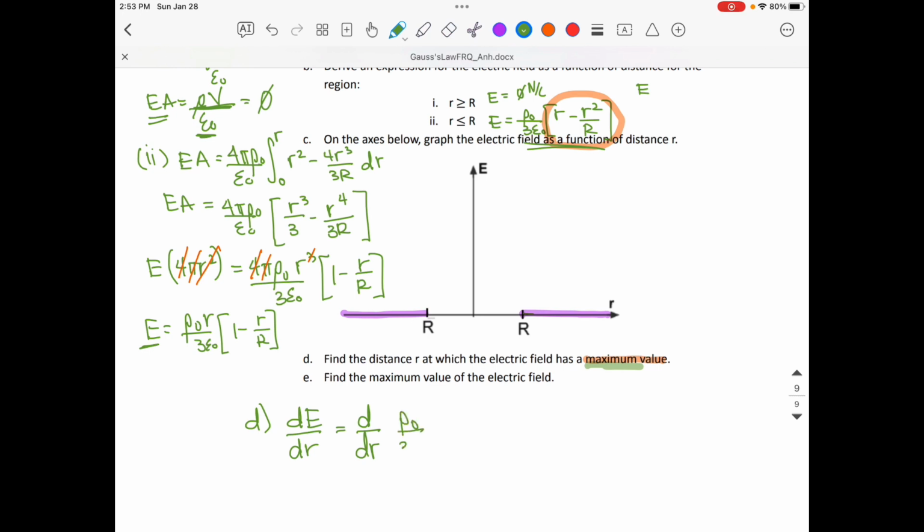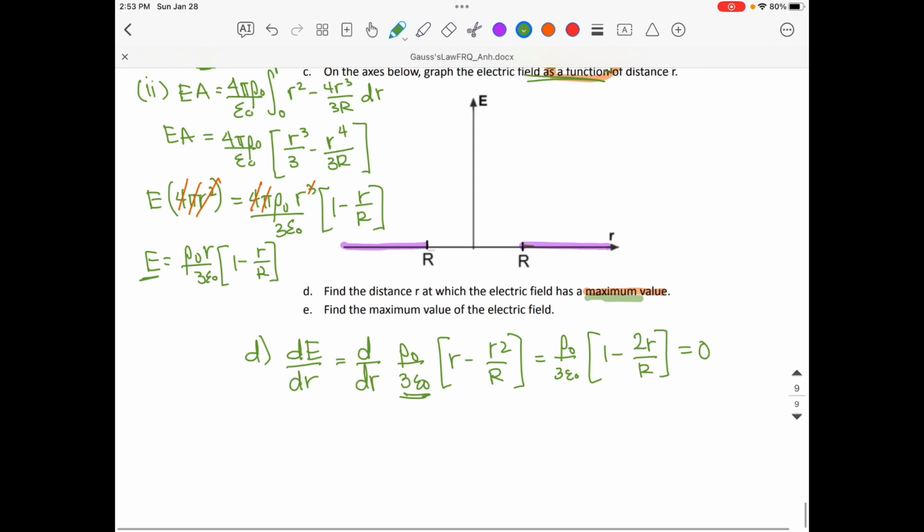So rho naught over 3 epsilon naught times r minus r squared over R. And this is just a constant, so I can just leave that out. And I get the derivative of r is 1 minus 2r over big R. I set that equal to 0. This ends up canceling out, and 2r over R is equal to 1, and therefore r is equal to R over 2. Hopefully the math for that is pretty easy.